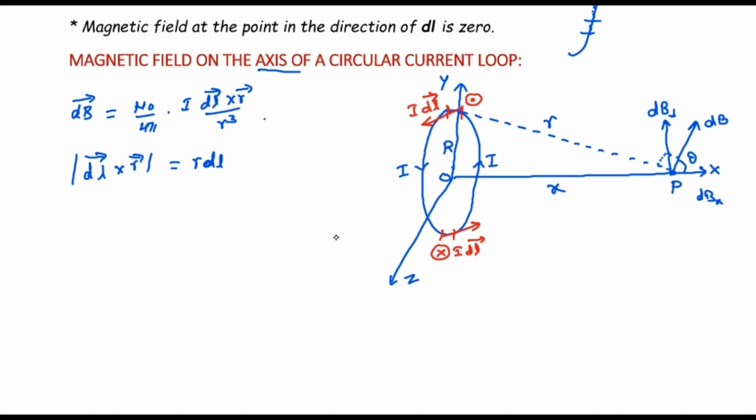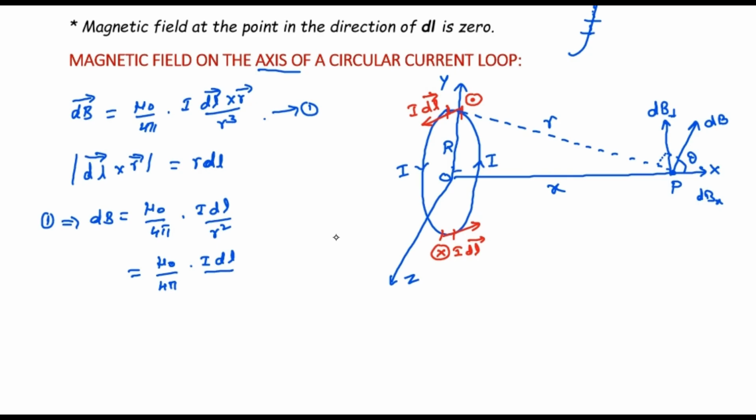Writing the magnitude alone, dB is equal to mu naught divided by 4 pi into IDL divided by r square, and that is also nothing but mu naught divided by 4 pi into IDL divided by r value.